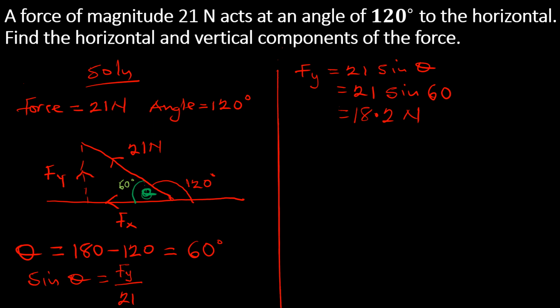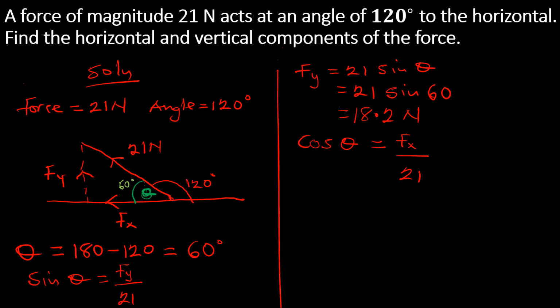Okay, let's calculate for the Fx. So cos theta is equal to Fx over 21. That's adjacent over hypotenuse.